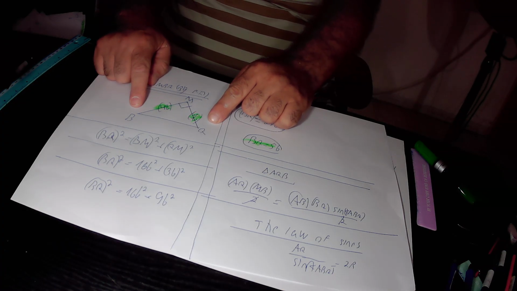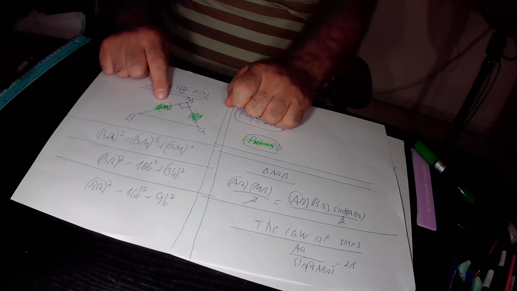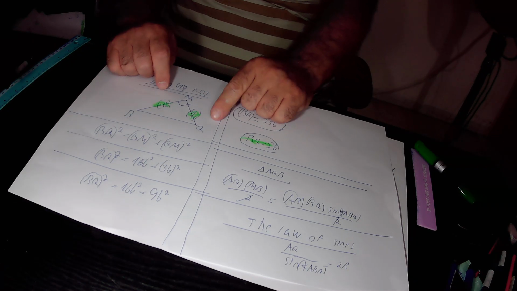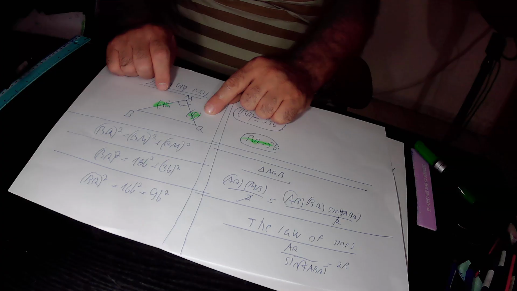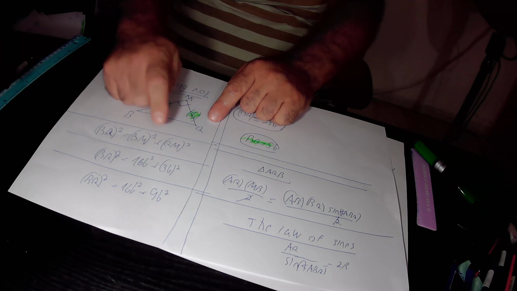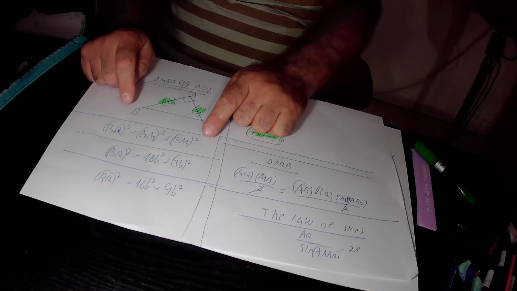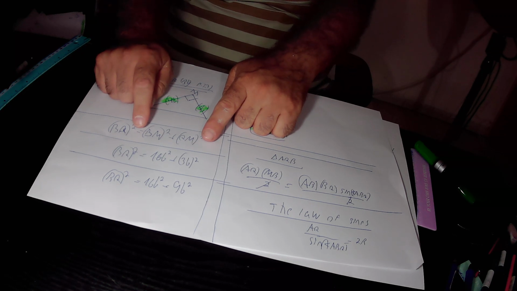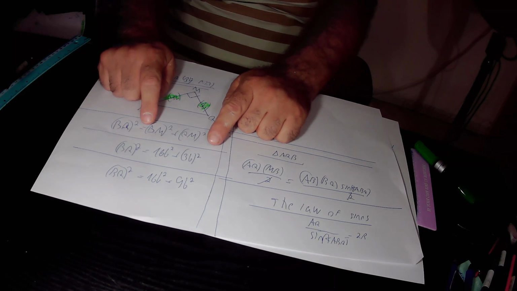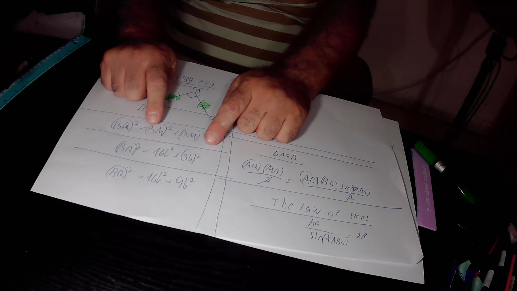BQ is the missing side, so we leave it as it is. BQ squared equals BM squared. BM is 4B, therefore BM squared is 16B squared, plus MQ squared. MQ is 3B, therefore MQ squared is 9B squared.